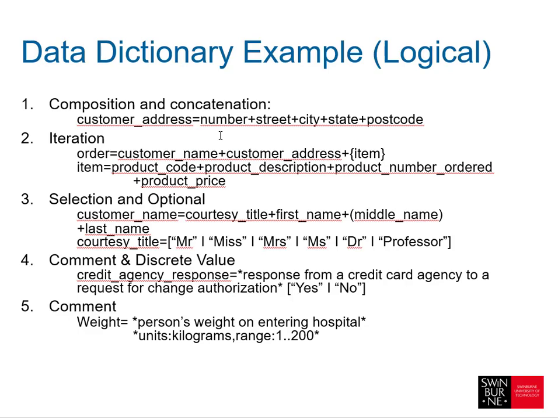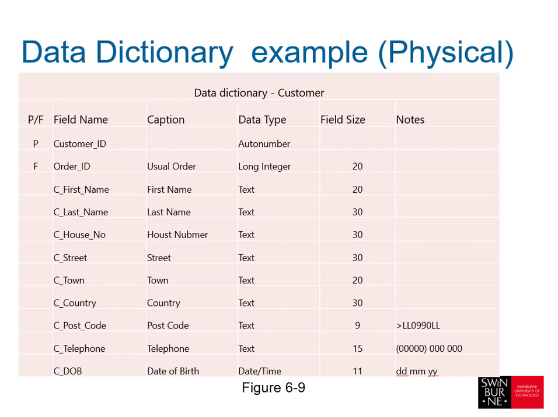We need to record this information in the entities, so we need to describe the properties of the entities. That is called the physical description. Now this example is the customer, a data dictionary item for the customer entity.